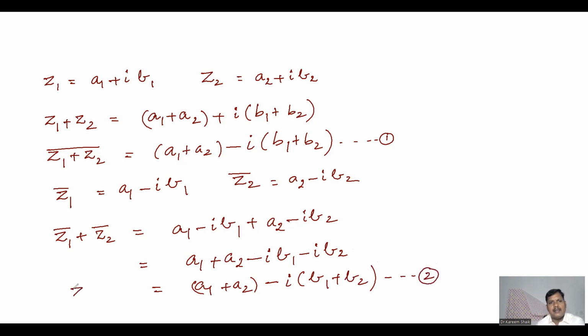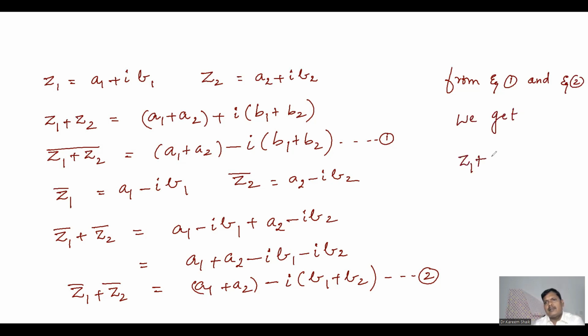What is my left side running? z1 bar plus z2 bar. Observe equations 1 and 2. Can I say that from equations 1 and 2, we get z1 plus z2 whole bar is always equal to z1 bar plus z2 bar.